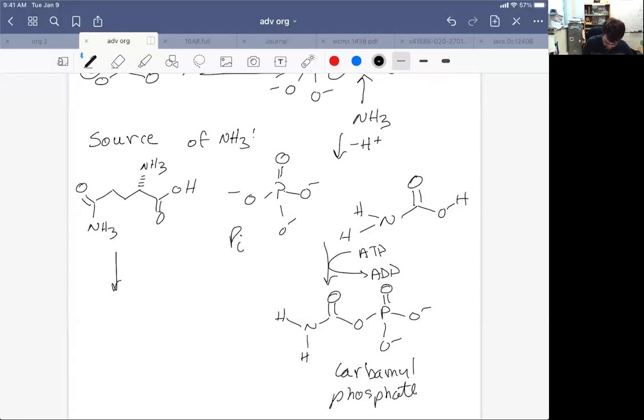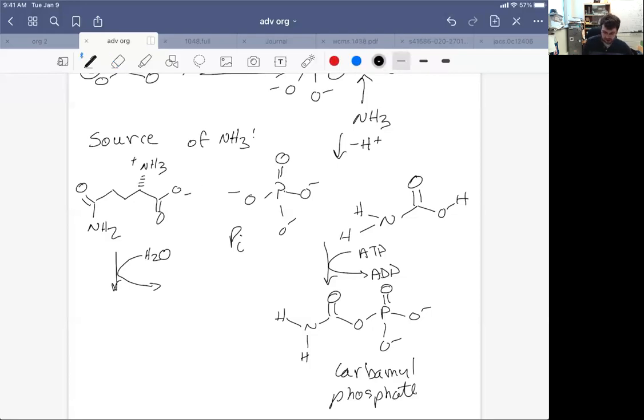And then we can have an enzymatic hydrolysis where, oh gosh, that's an NH2. Sorry. Okay, NH3 over here plus, oh gosh, minus, get my zwitterion right.